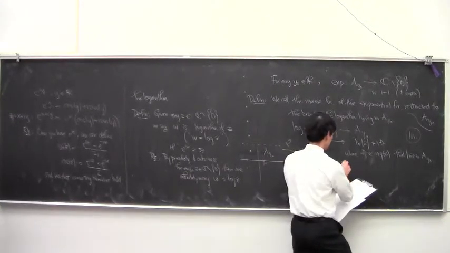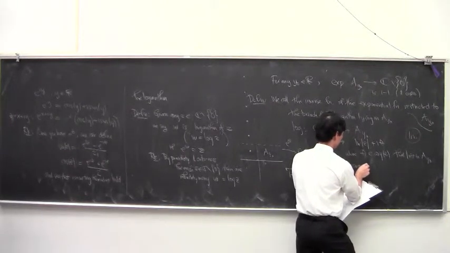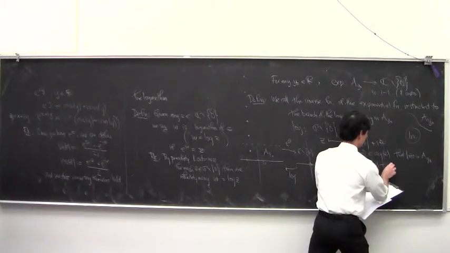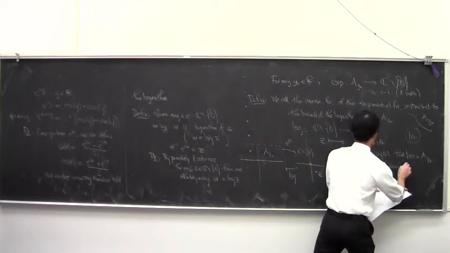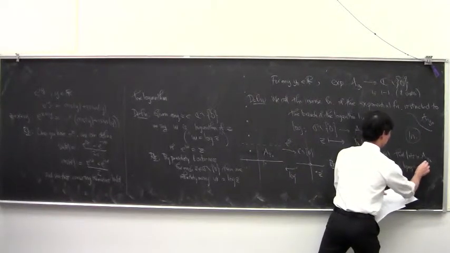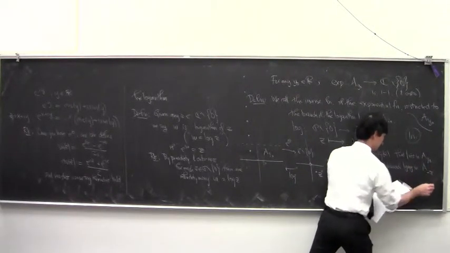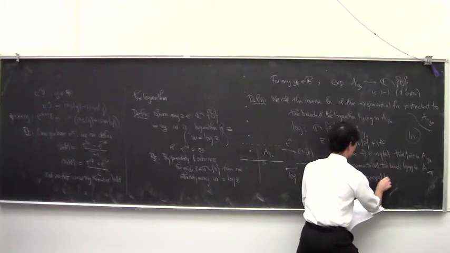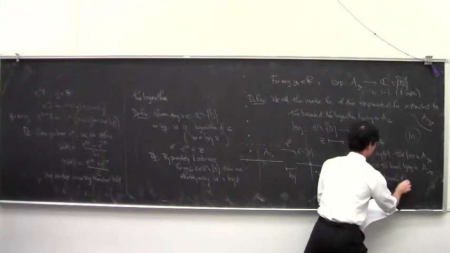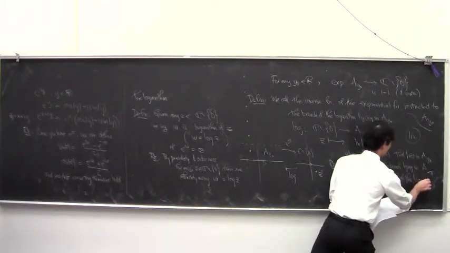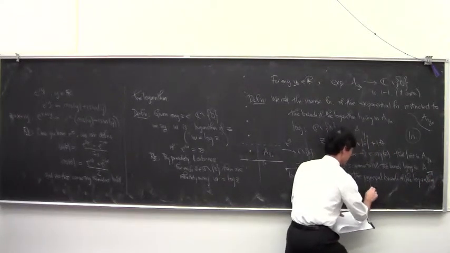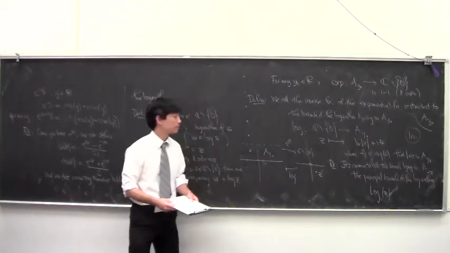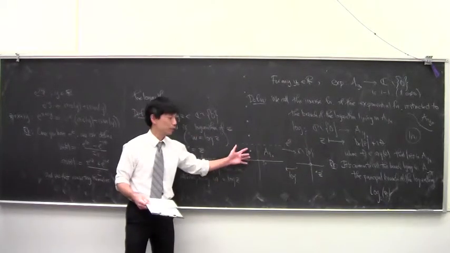It's common to call the branch lying in negative pi to pi the principal branch of the log, and it's often denoted with a capital L. That's just a convention.